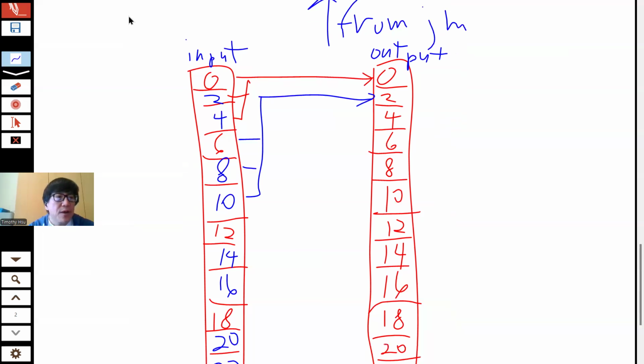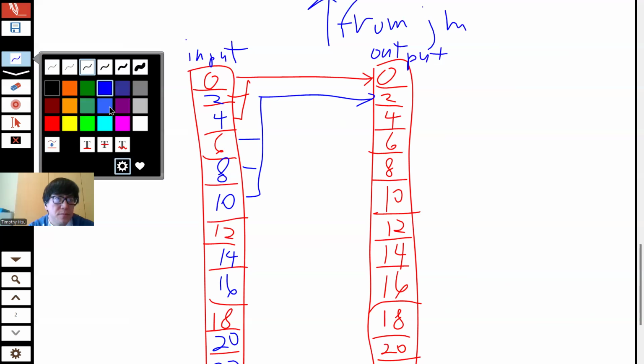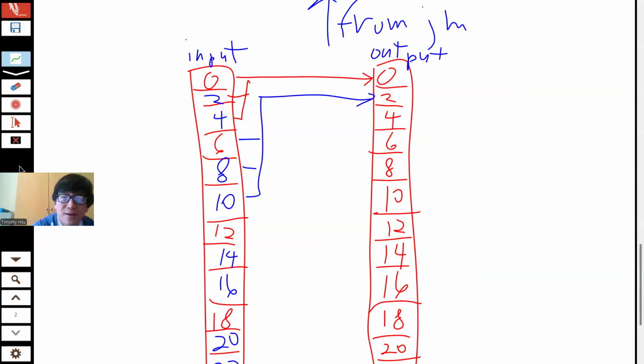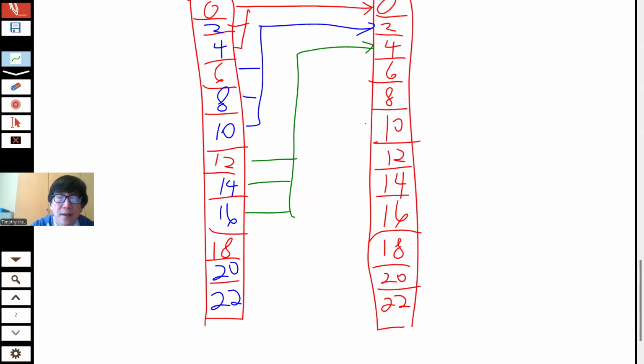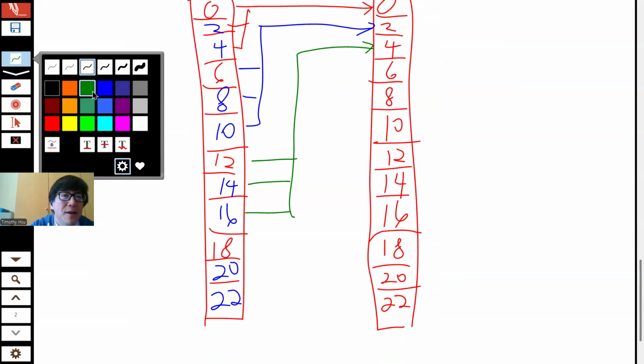Okay. Let's hope this green will show up well. Yeah, green shows up great. So the next three inputs go to the next output, and then the final three inputs 18, 20, 22, sorry, my bad, which I'll put in orange.